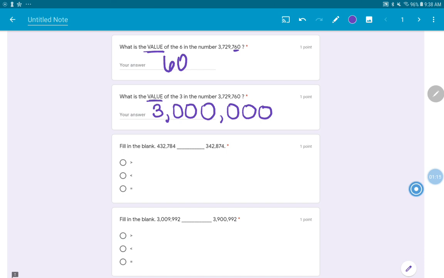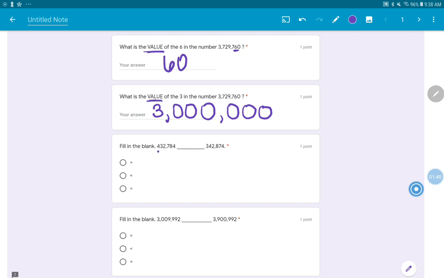All right, next we're going to compare numbers. 432,784 and 342,874. How would we compare those, Caden? You would look at each and every single digit. Which digit are we going to look at first? The 100,000s.